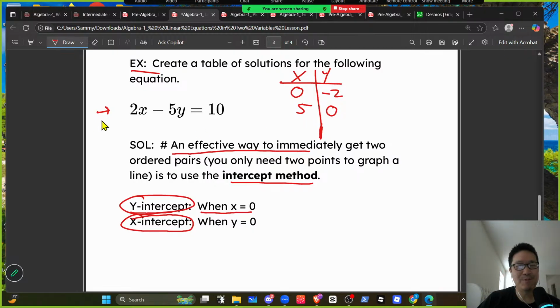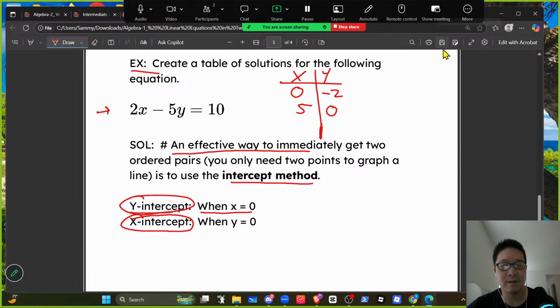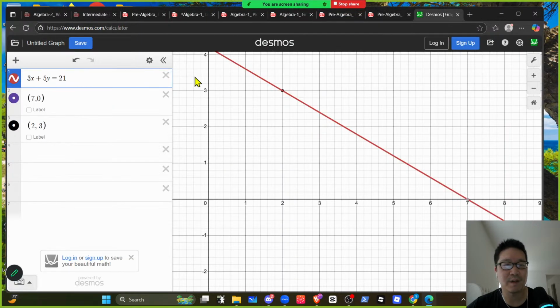So I'm trying to avoid getting a fraction. 2. Wait, no, not 2. 3, 6. I can't figure. Hold up. No. Let me try graphing this line. 2x minus 5y equals 10.